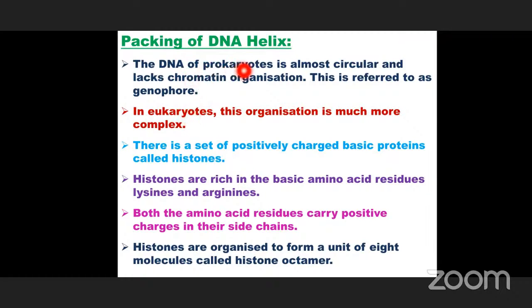In prokaryotes, there are no histone proteins and no chromatin organization, because the nucleus is poorly developed and only the genetic material DNA is present. But in eukaryotes, a well-developed nucleus is present. The nucleus is bounded by a nuclear membrane, so the packing of DNA is much more complex.